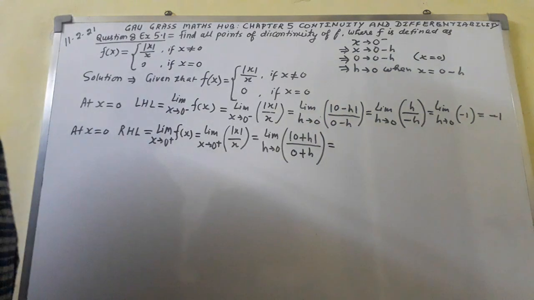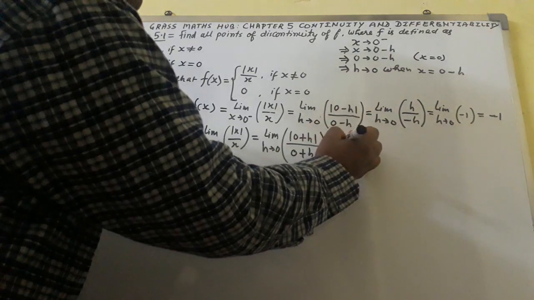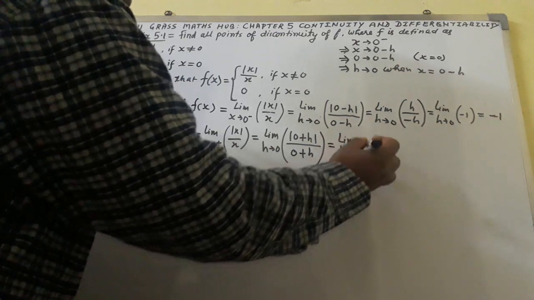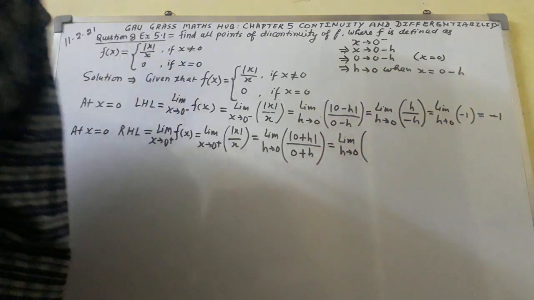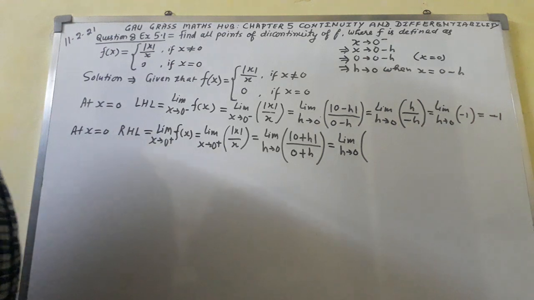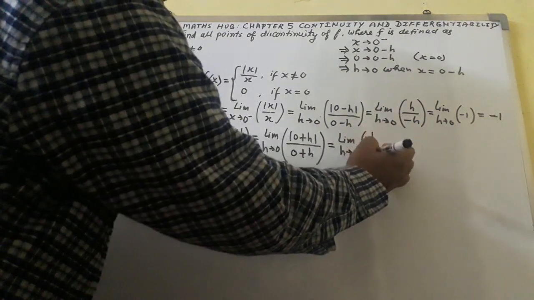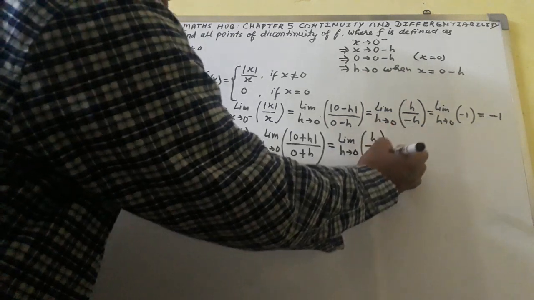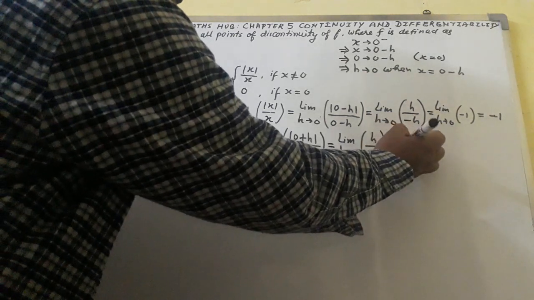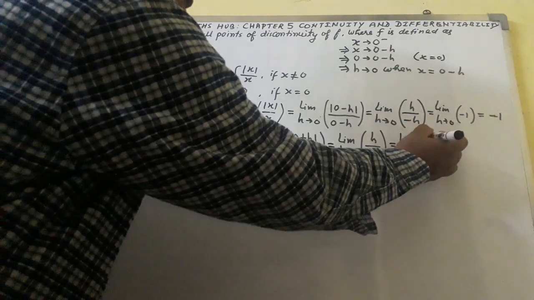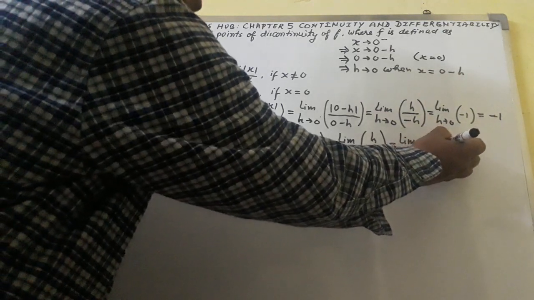Equal to the limit as h tends to 0 of mod 0 plus h, which comes out to be h, over h, which is the limit as h tends to 0 of 1, which comes out to be 1.